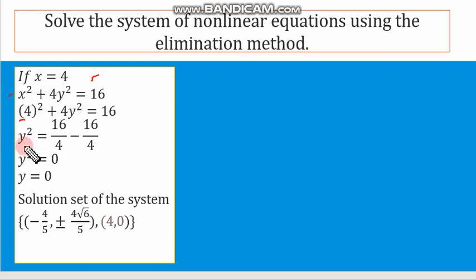Since 4y squared is on the left, we divide by 4. So y squared is equal to 16 over 4 minus 16 over 4, which becomes 0. So y squared is equal to 0, so y is equal to 0. Therefore, the solution set has three pairs in all: the first two pairs from earlier, and the last one is (4, 0). Both positive and negative give 0.